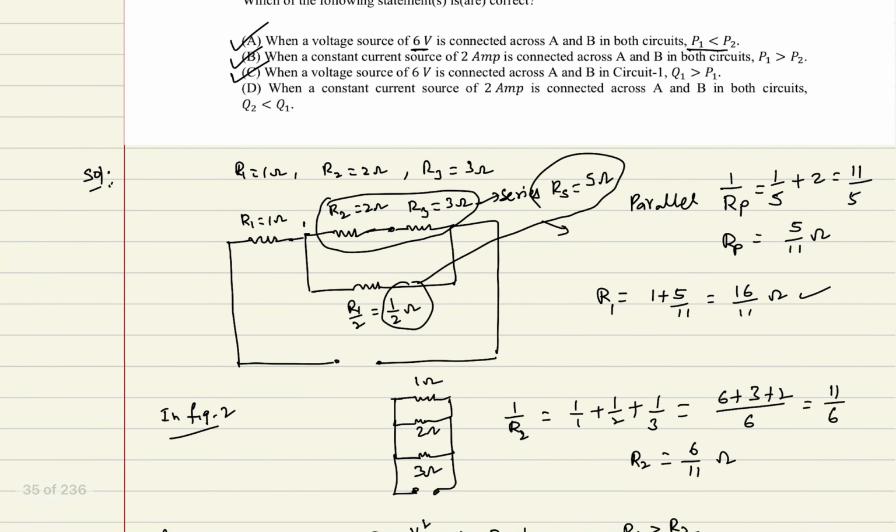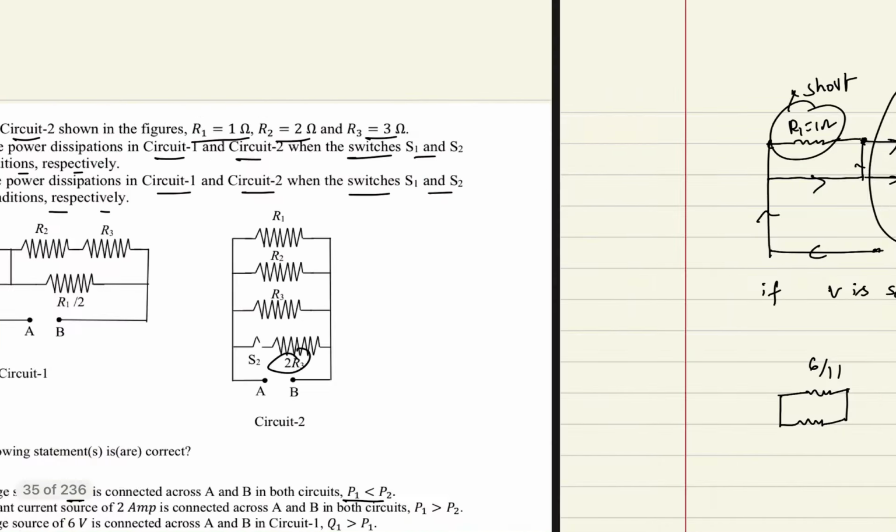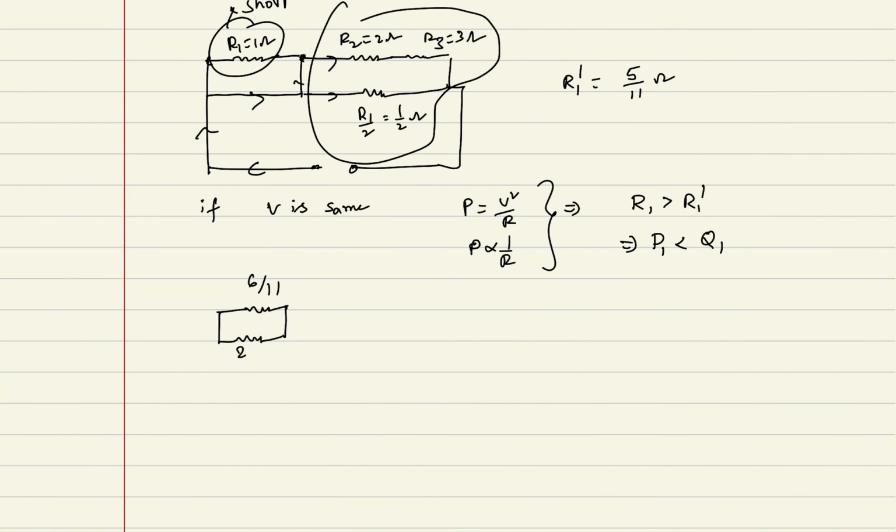If you see the last one, you have already calculated the value of this. The parallel resistors, you got R1 by R2 is equal to 11 by 6, that is R equals 6 by 11. And whenever the switch is closed here, the value is given as 2R3.